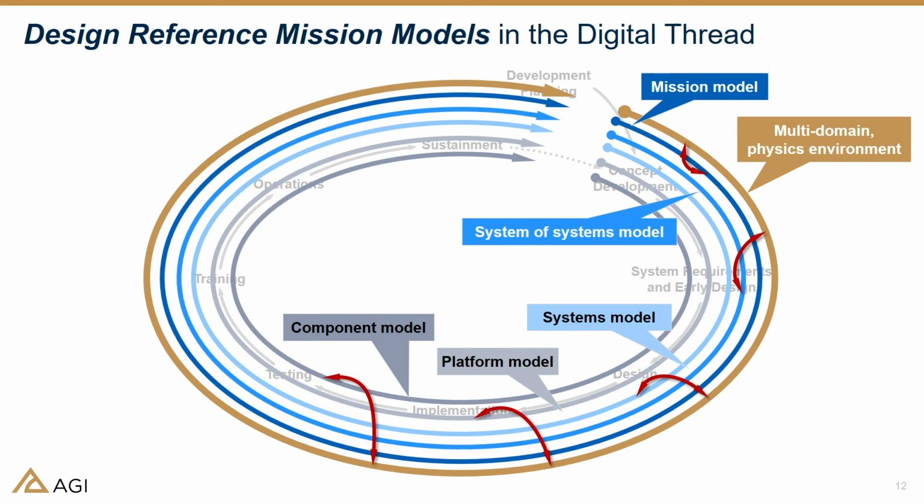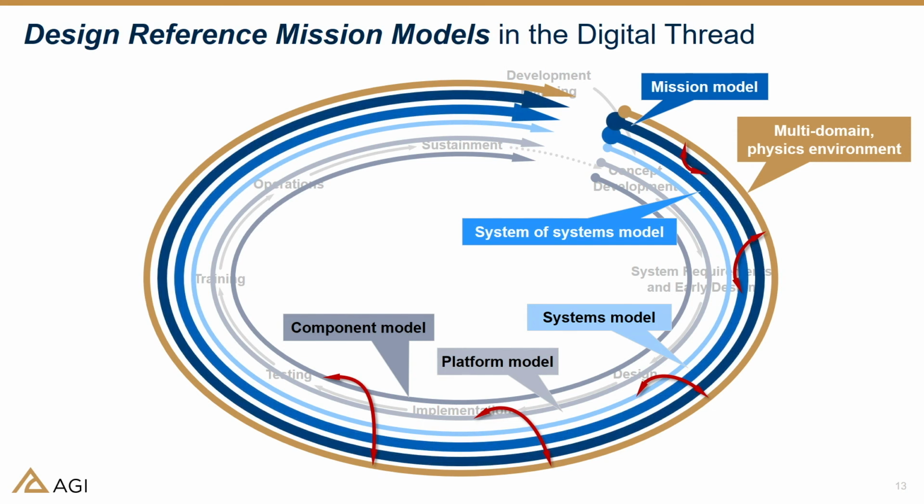So if we go back to our digital thread model, we'll see in this afternoon's demonstration that we'll use a combination of descriptive models and physical models to describe the mission and the system of systems architecture. We'll be using Cameo System Modeler from Dassault Systems NoMagic and AGI's Systems Toolkit to accomplish that.